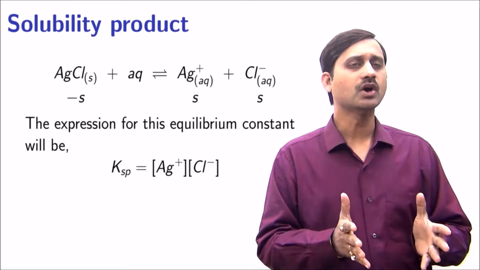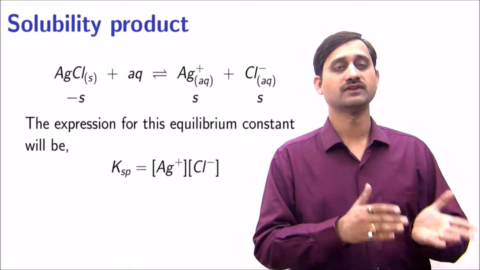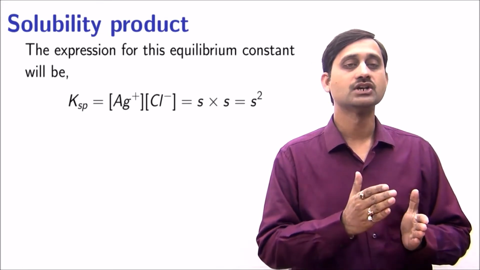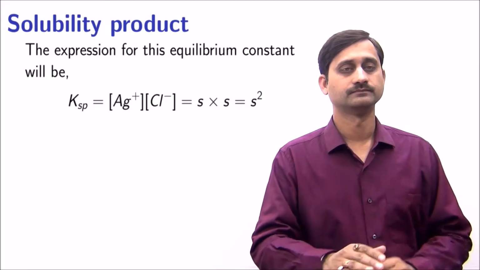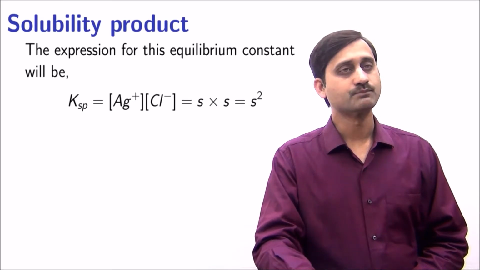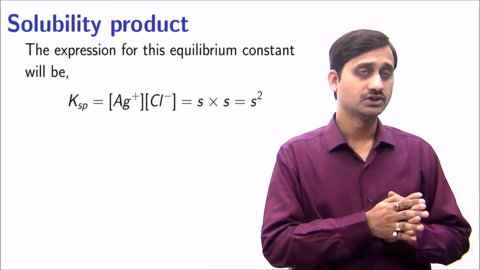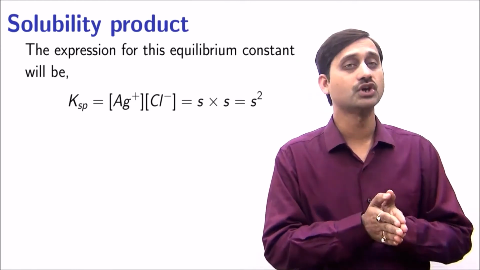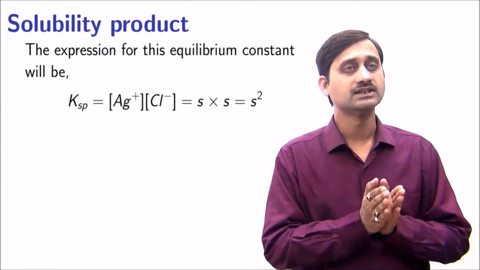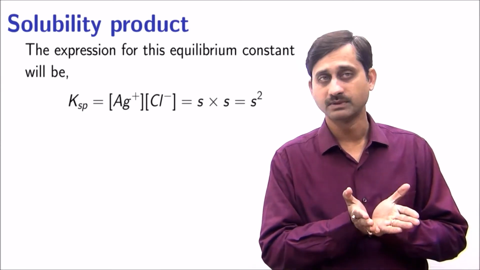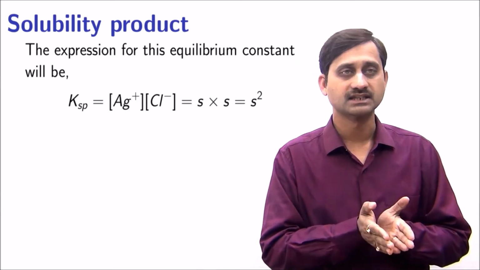So, the equilibrium constant for the saturated solution of silver chloride is simply the square of its solubility. This is the product of the concentration of ions due to the solubility of the salt, hence it is known as solubility product, represented as KSP.